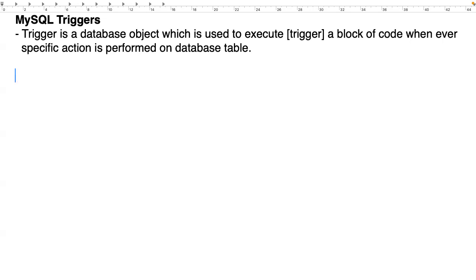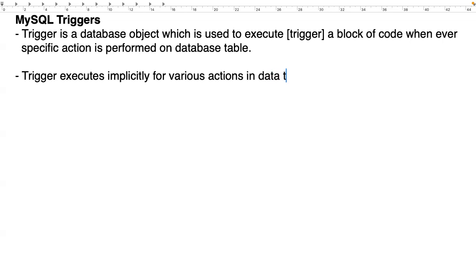So a trigger executes implicitly for various actions in a data table.